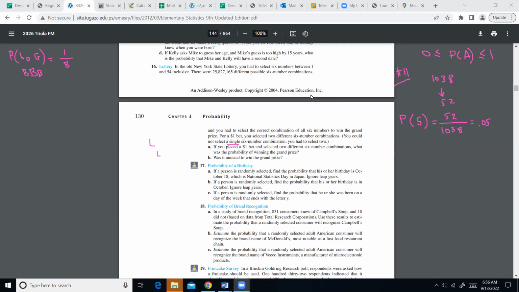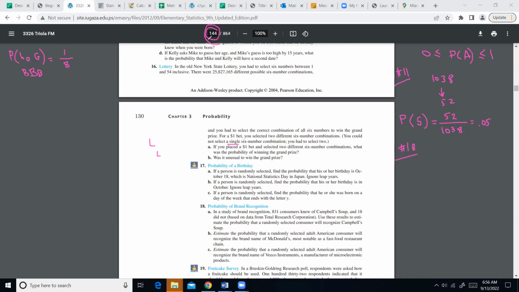So let's try one more problem here, like number 18. If people recognize a brand. I think these exercises are nicely illustrating that statistics could be utilized just about for anything.